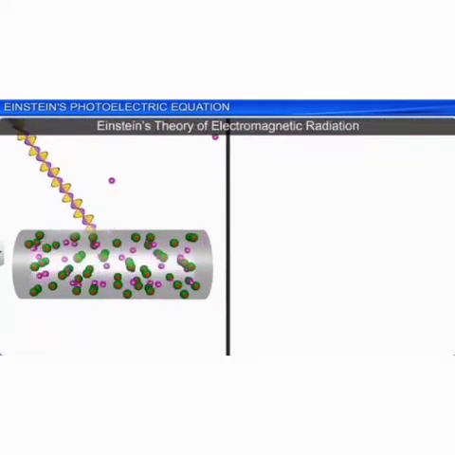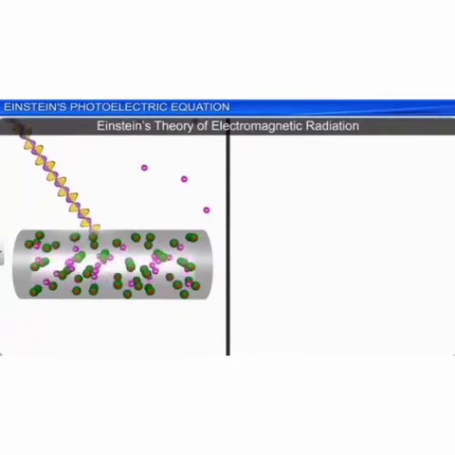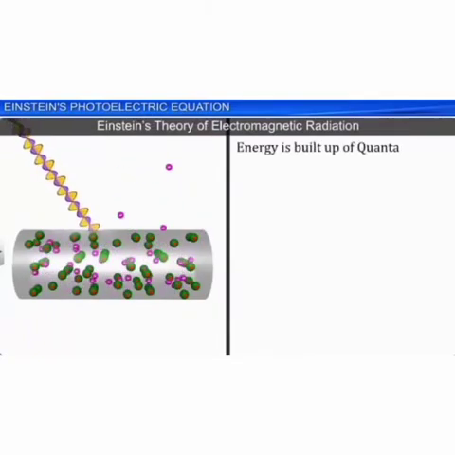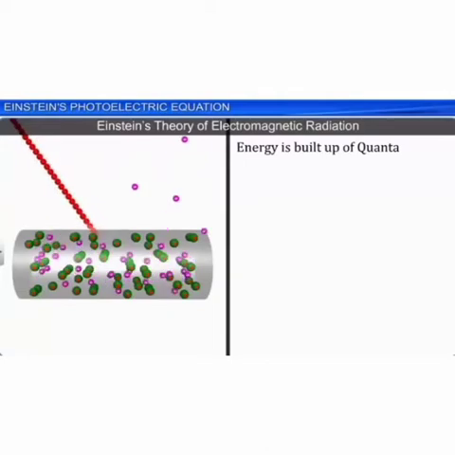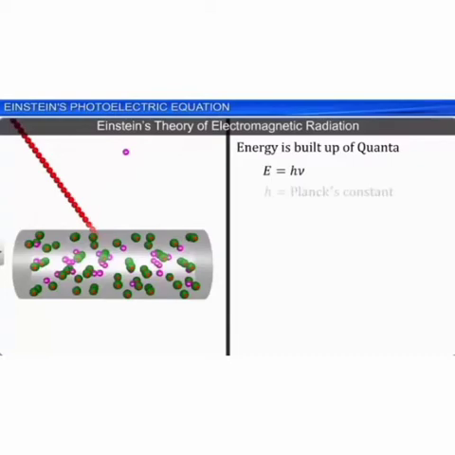According to this theory, electromagnetic radiation energy is built up of discrete units called quanta of energy of radiation. This is also called the photon. Each photon has energy E equal to h nu, where h is Planck's constant and nu is the frequency of the incident radiation.